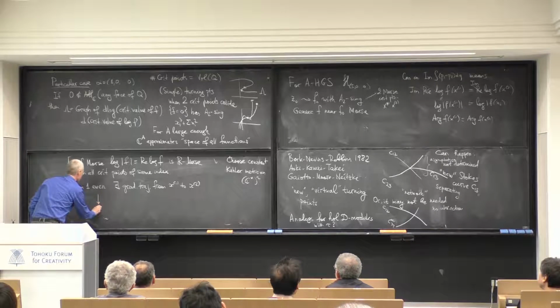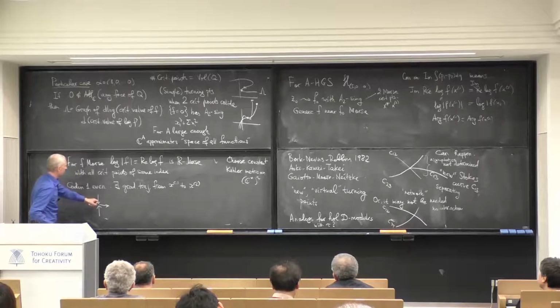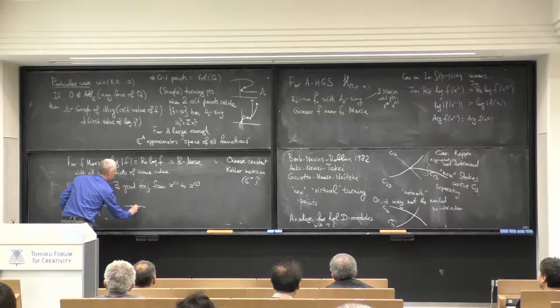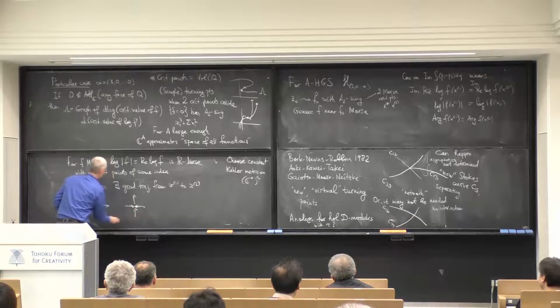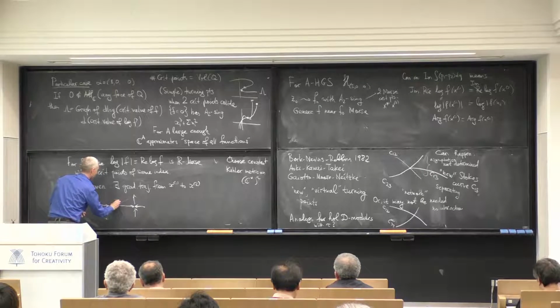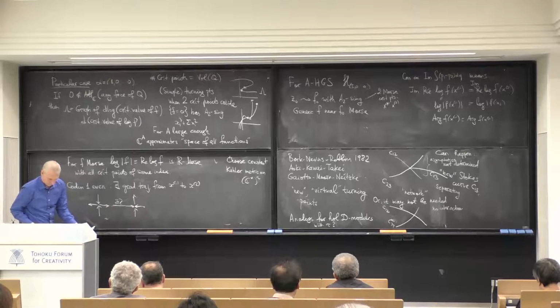So basically, the picture would be something like this in one complex variable. There's one critical point, and there's another critical point here. So normally it goes like this, but sometimes it goes like this. It would be exactly 1 in general.